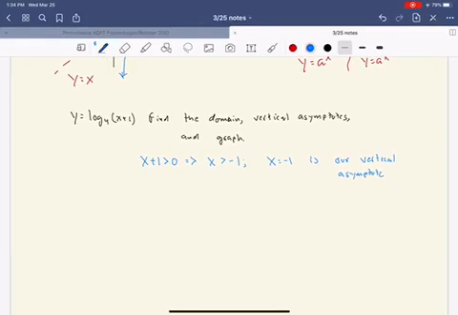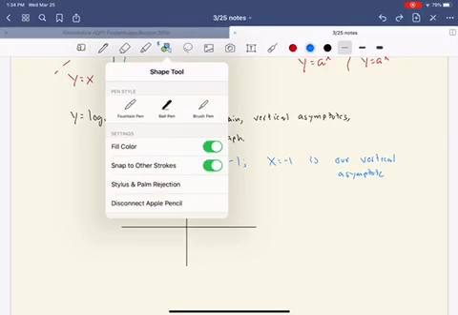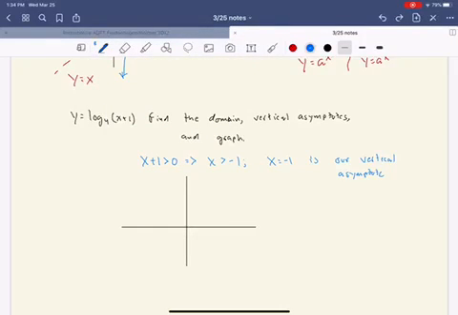Okay, so we're going to go ahead, we're going to graph this.